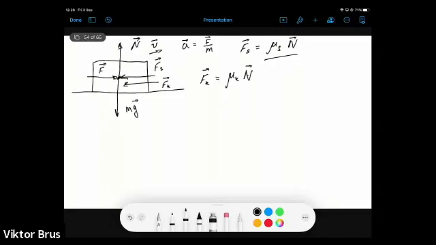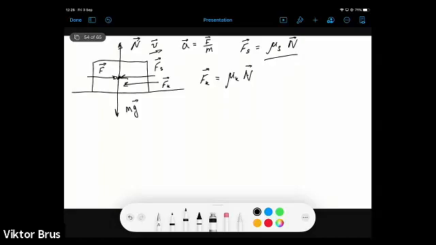These forces are defined only by the reaction of the bottom surface, which is equal to the weight of the body in this particular case, and the conditions of the two surfaces which are in contact with each other. So that is important to know.